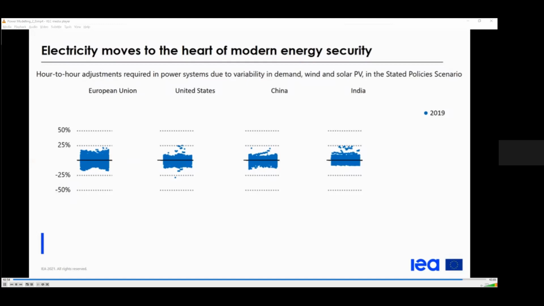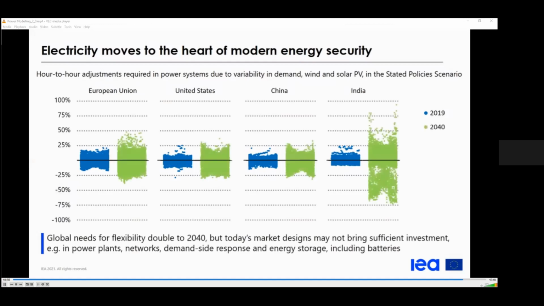So this is today, but in the future, flexibility needs will be much, much higher. The changing shape of electricity demand and the strong growth of solar PV and wind power together are increasing flexibility needs in power systems around the world.